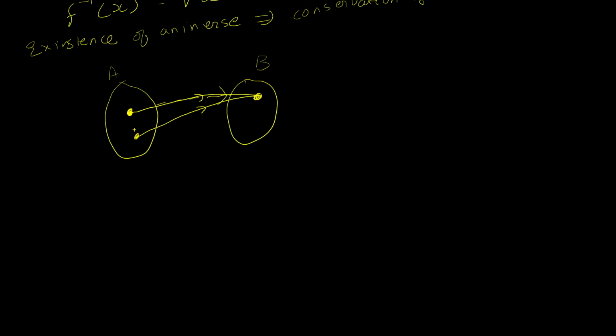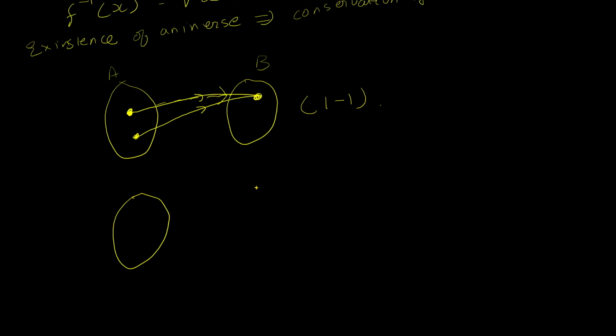So there will be an ambiguity in the output. So that would mean that this inversion is not possible, right? And this kind of arrangement lost information because these two inputs are producing the same output, and by looking at the output, I cannot really tell which input I should go back to. So one criterion for the existence of an inverse is that the function must be injective or 1-to-1, right?